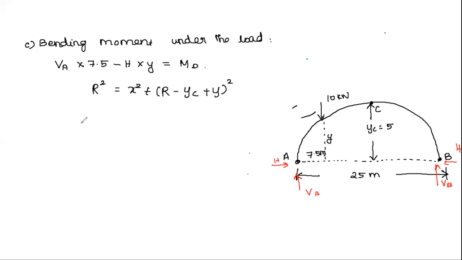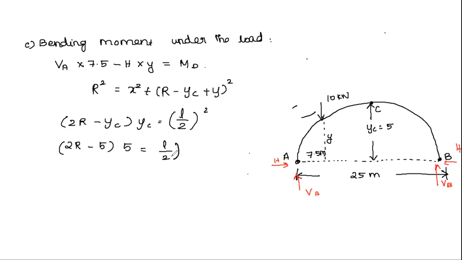For finding that we have a formula: 2r minus yc into yc, so 2r minus 5 into 5 is equal to L by 2 the whole square. L value is 25.